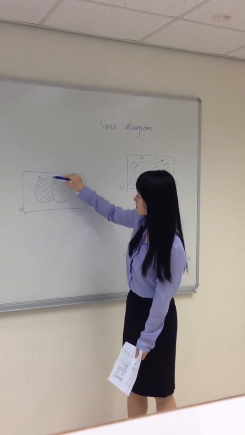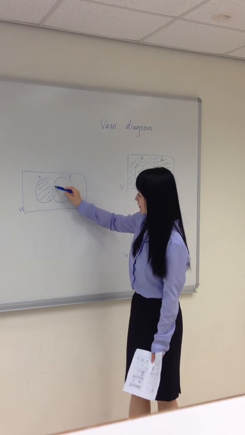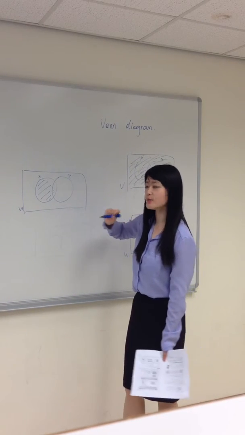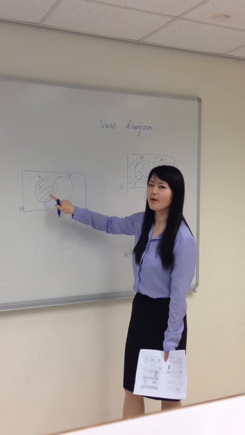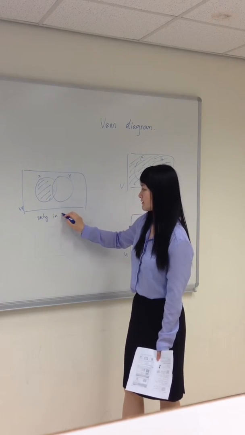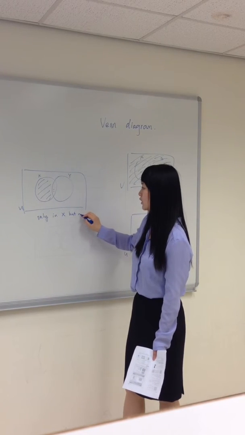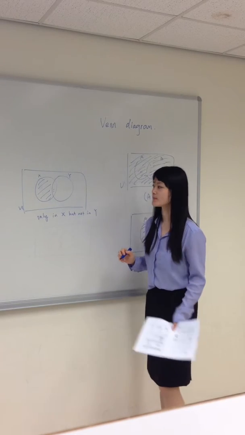But the X set is the whole circle here. It doesn't include this area. So how can we describe this shaded area? It should be only in X, but not in Y, right?